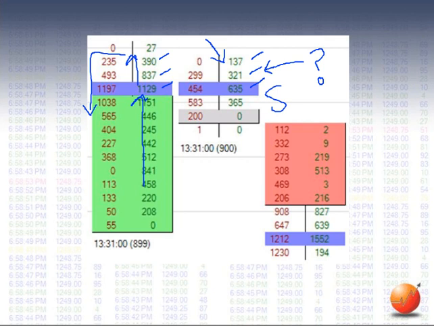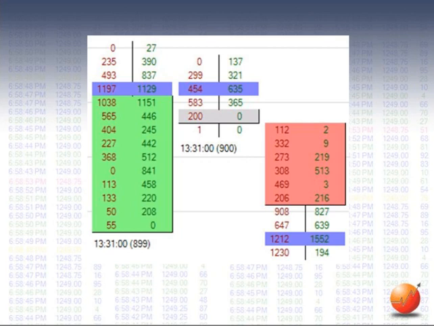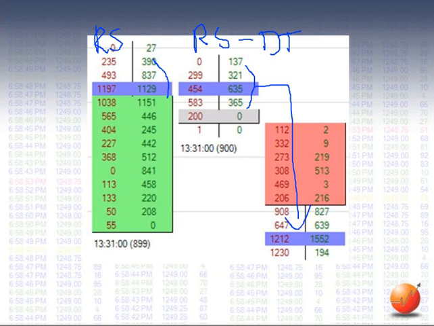Responsive selling, double top. And the main facet here is that there's less volume by the buyer than there was the first time. And again, now we have a responsive buying pattern down here, but really this isn't all that much. So really we're looking at this as probably something that we need to hold and wait and see.